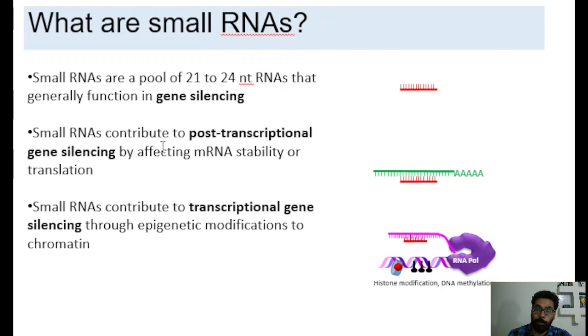Post-transcriptional gene silencing will affect the mRNA stability, and therefore the translation process. So this is known as translation inhibition, whereas the small RNAs which contribute to gene silencing by epigenetic modification of chromatin, like histone modification, DNA methylation, etc., will cause transcriptional gene silencing.